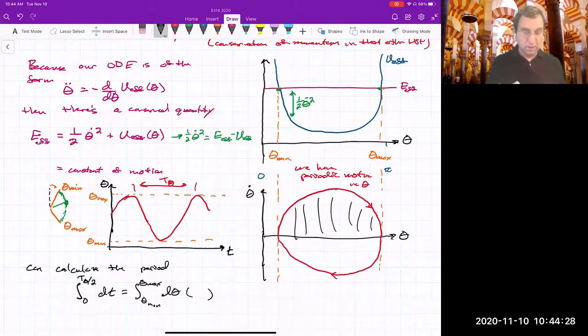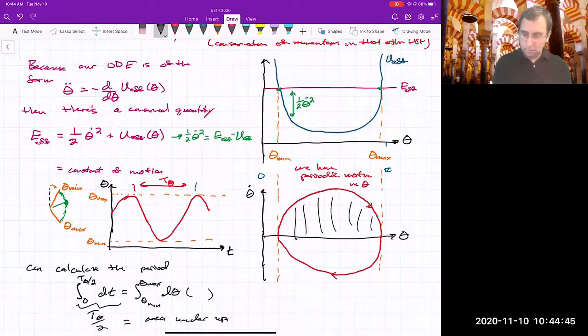This would give you T theta over 2, and then it's just sort of the area under the upper half of the curve. So you can learn a lot without even having to simulate the problem.